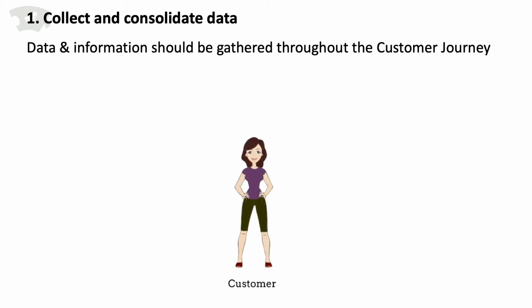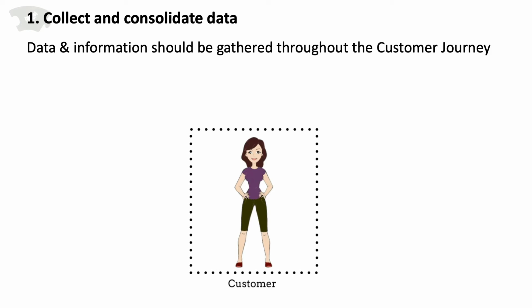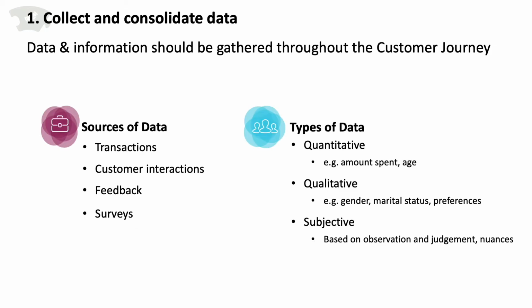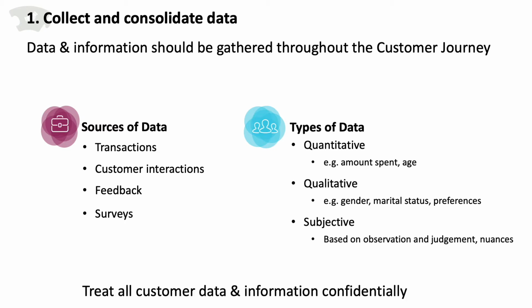For example, you don't need to know a person's birth date to estimate their age. You can make an informed guess, based on their appearance, behavior, speech, that is, tone, words spoken, nuances from conversation, style of clothes, etc. As we have previously discussed, ensure that you safeguard all customer data and information.